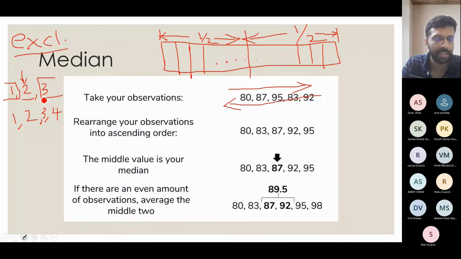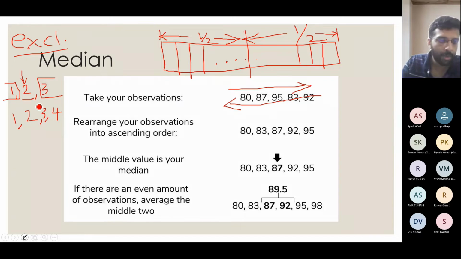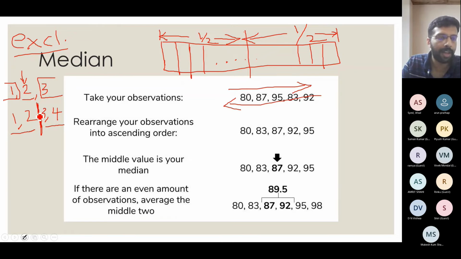The total number of data points is odd. Now suppose the total number of data points is even. If we divide at the boundary, the middle point, then I have two elements here and two elements here. So in this case, I don't have a value at the middle point. So what will I do?